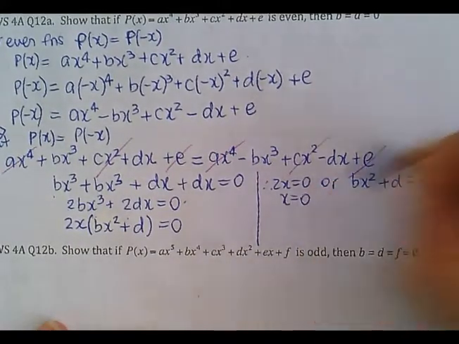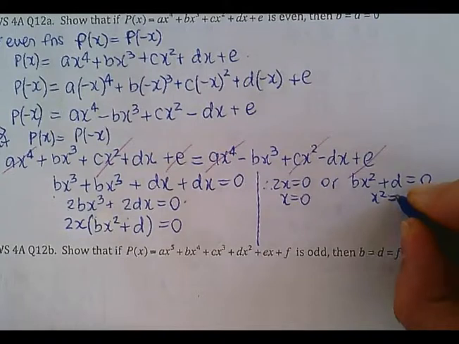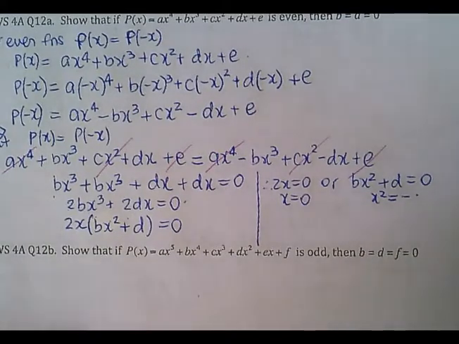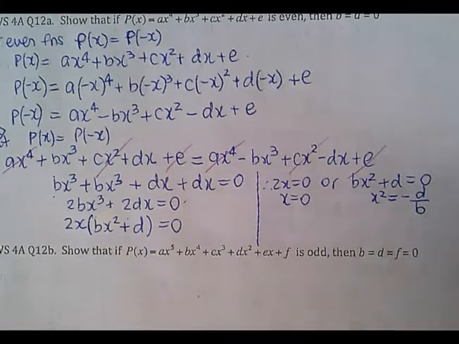That means that x is 0, but it's this that I need to solve. X squared equals negative d over b. Now, you can't get x squared is a negative. That leads us to a bit of a dead end.